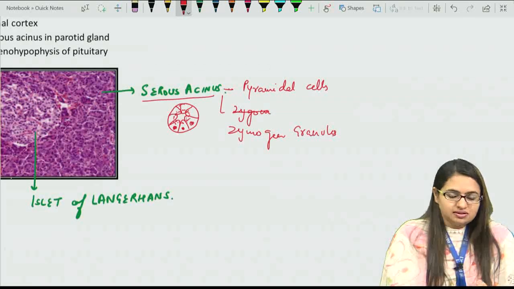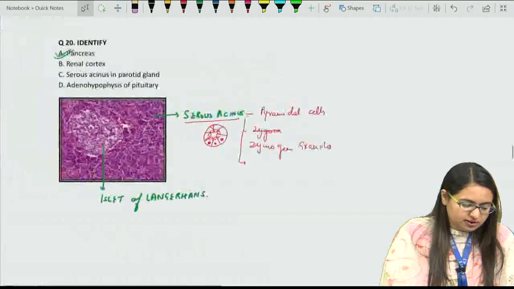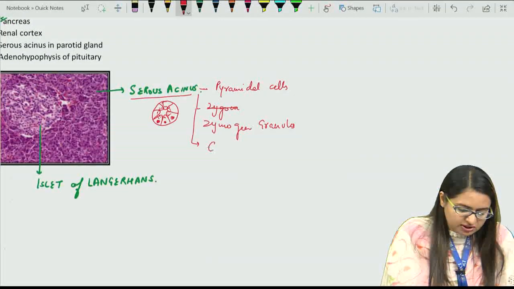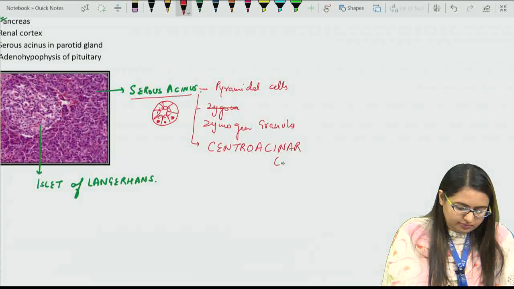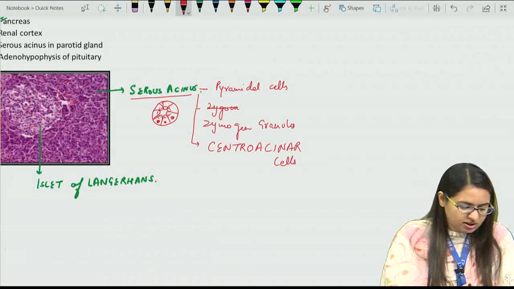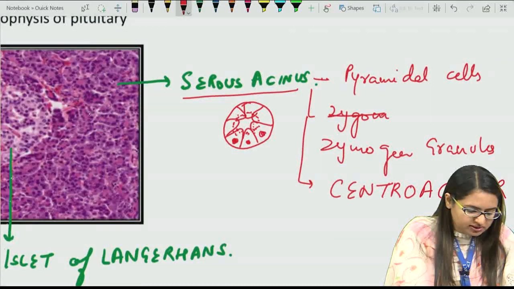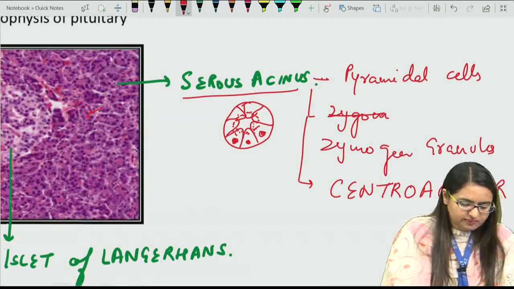Now in the serous acinus, a cell which is typical for the pancreas is the centroacinous cell. The centroacinous cells are seen in the center of the lumen of the serous acini. For example, we can see over here, this is the centroacinous cell.